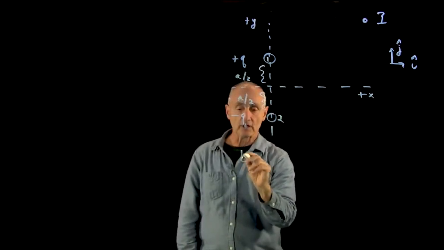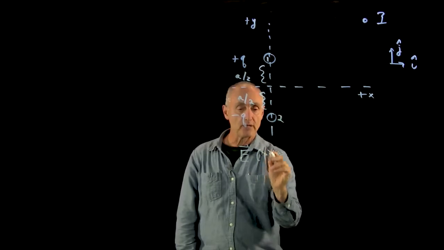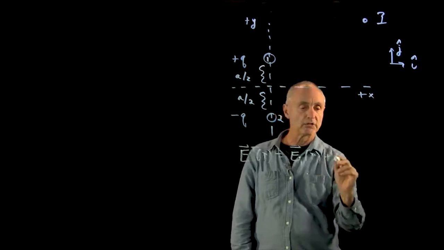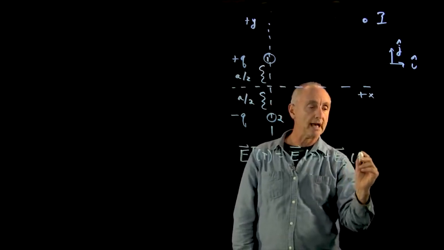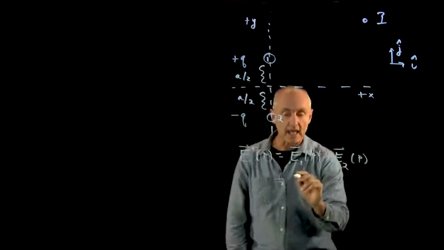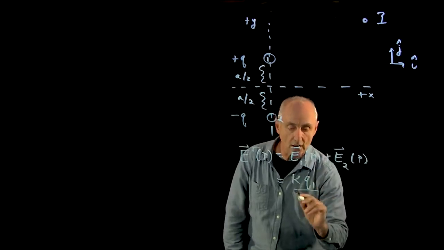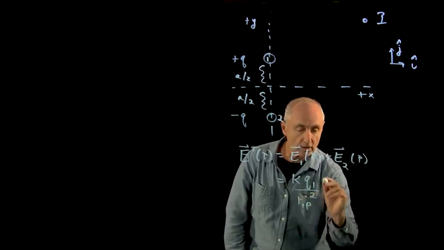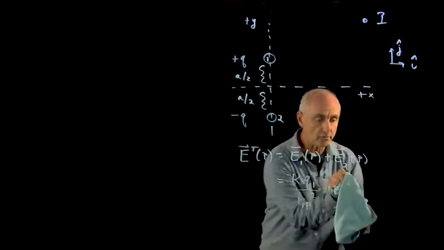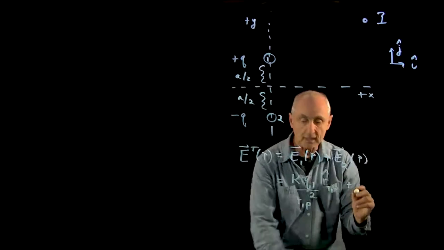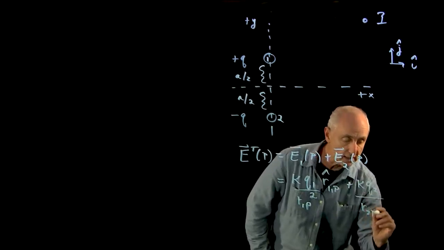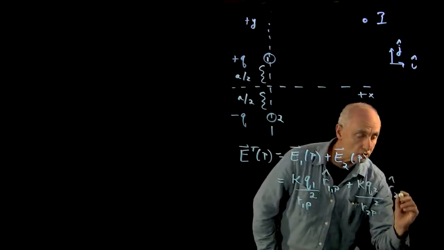Now, the electric field, by definition, at the point P, total, is the electric field of charge 1 at P plus the electric field of charge 2 at P. Now, those fields we've defined as k q1 over r1P squared, r hat 1P, plus the other one, which is equal to k q2 over r2P squared, r hat 2P.